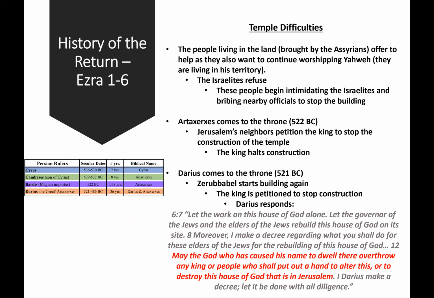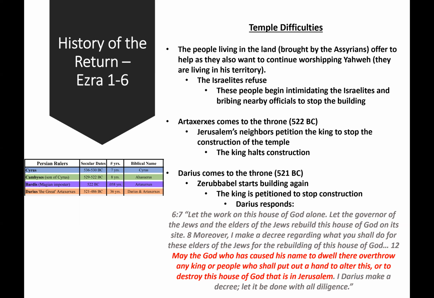And so this is where we have the genesis of the Samaritan people, which will become an issue in the New Testament. And so the Israelites refuse them, and because they refuse them, these people start trying to make the Jews' job difficult. They start trying to intimidate them and start bribing some of the officials to stop the building of the temple.